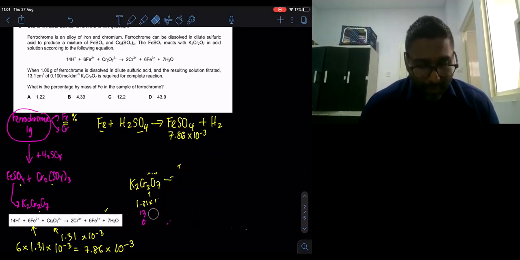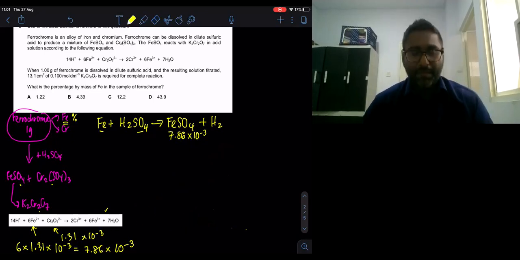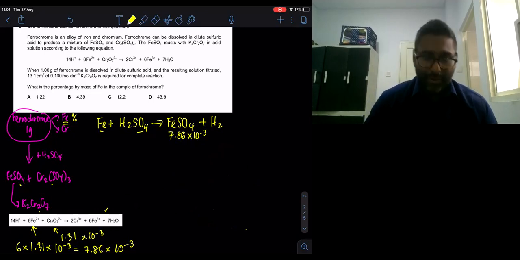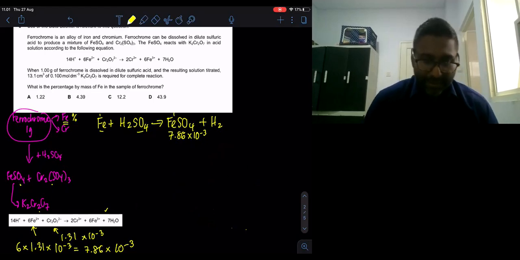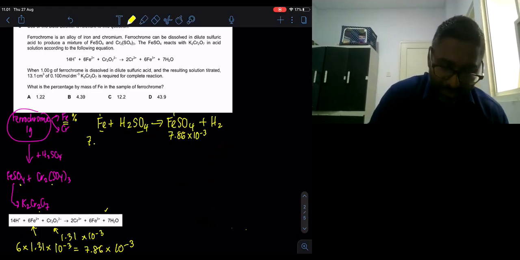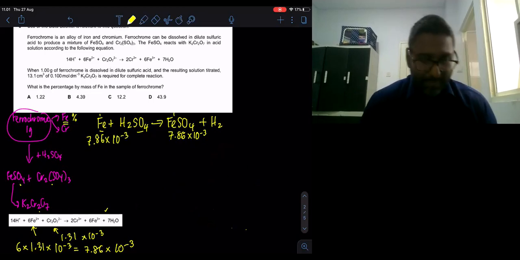Now, what is our next step? Of course, I'm looking for Fe. I know that 1 mole gives me 1 mole of this, so please refer back. It's going to be 7.86 times 10 negative 3 moles.